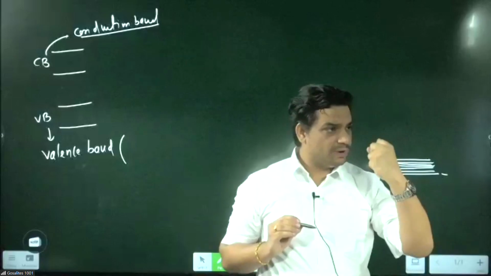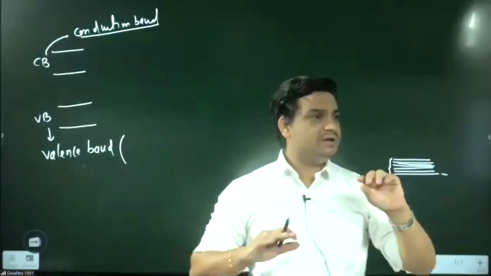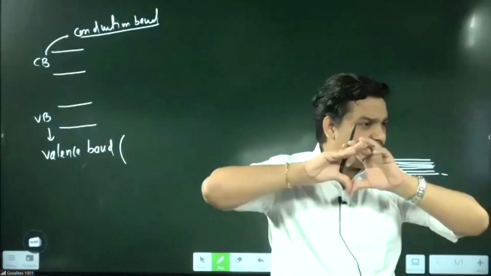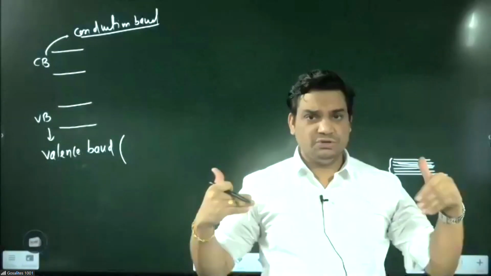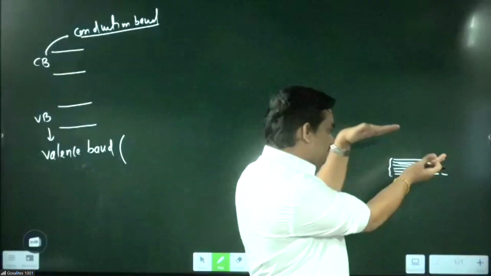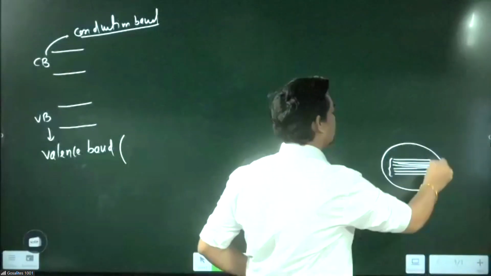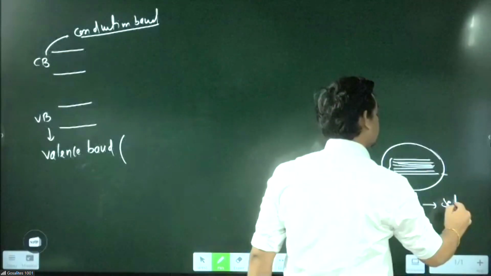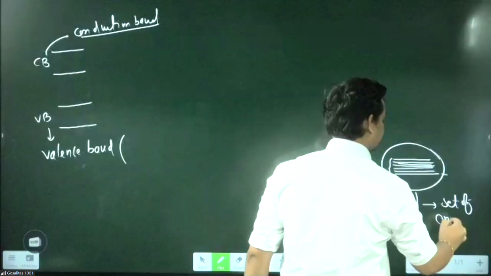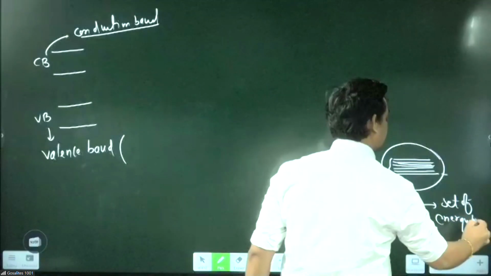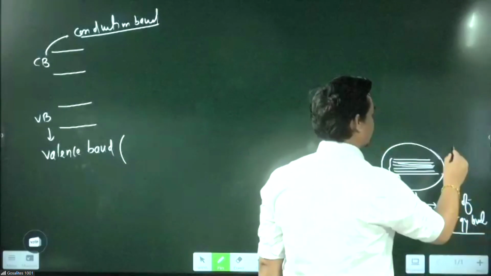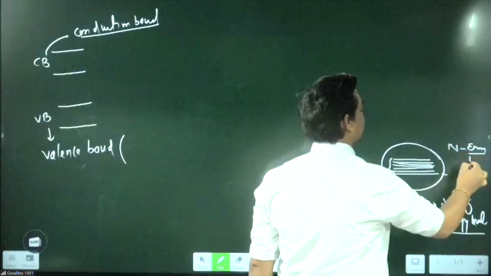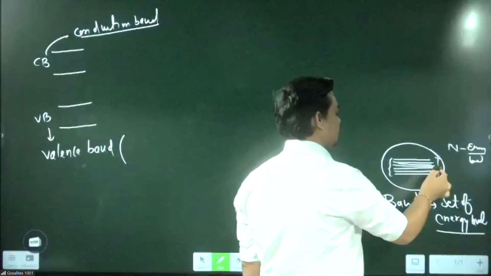In solids, like silicon, there will be a huge number of atoms, and when a huge number of atoms are there, all the combined energy levels are known as your band. So if anyone asks what a band is, band is nothing but the set of energy levels, because you have n number of atoms, so n number of energy levels, and when we combine them, they are known as your band.